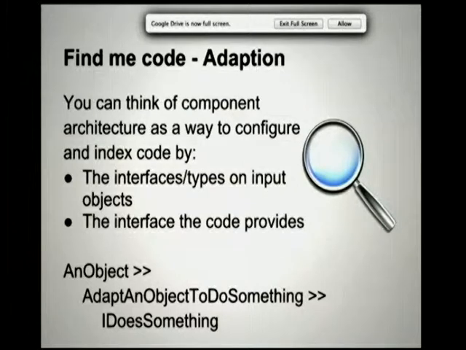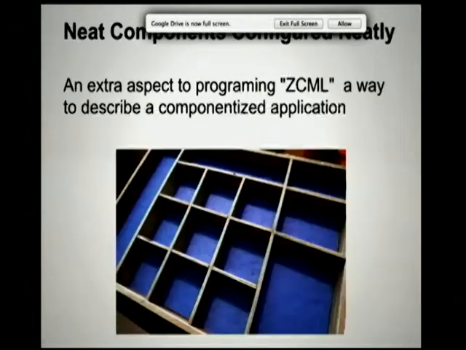So on the left-hand side, you've got the object. It might have a number of interfaces. On the right-hand side, you've got the interface that you actually want. You give those two things to the component architecture, and it will return you the thing in the middle. Sounds kind of complicated, but we're going to do an example, and it's live, so I hope it's going to work.